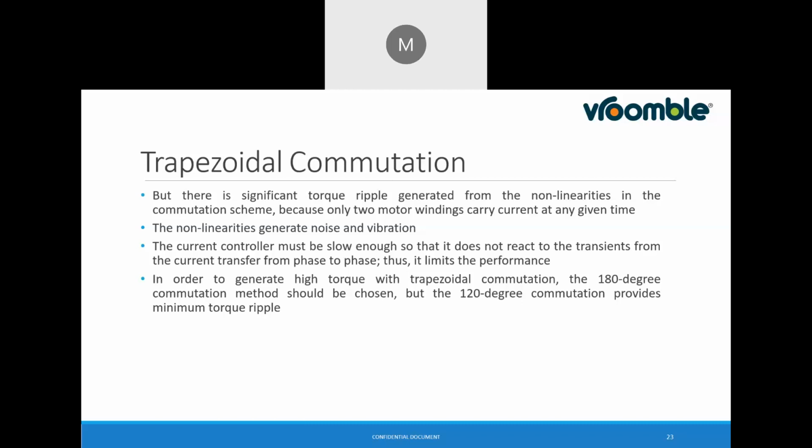So the rotation which will happen due to this trapezoidal or 6-step commutation will be smooth, and that will provide lesser ripples, right? Now, how it is being done, let's see in the next slide.